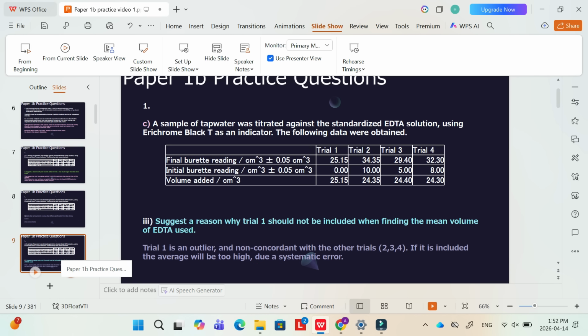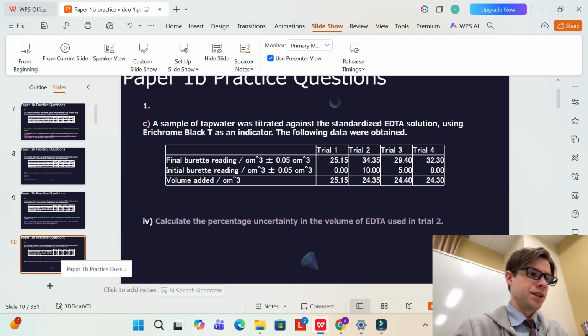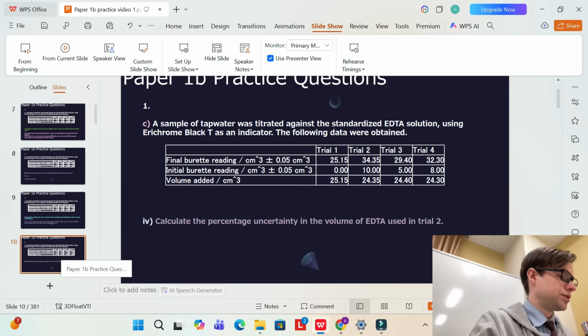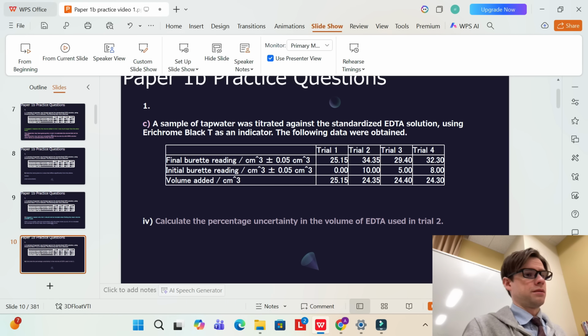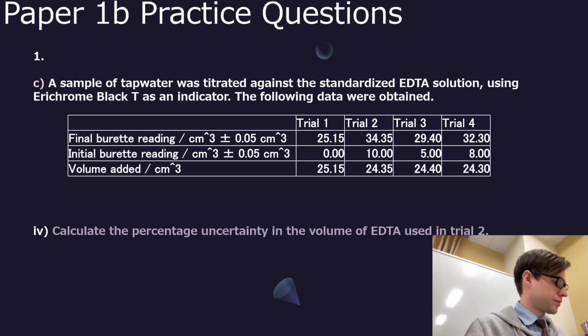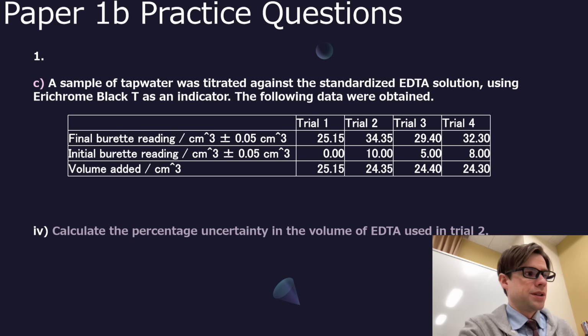All right, next part 4, calculate the percentage uncertainty in the volume of EDTA used in trial 2. So the uncertainty in this case will be the uncertainty of the burette readings added together.